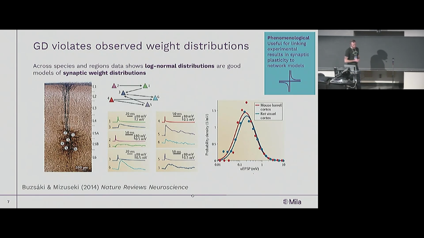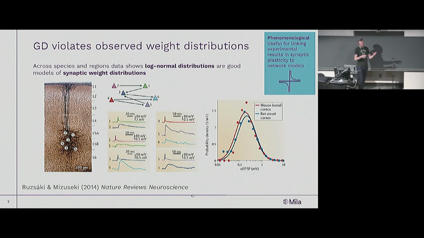Now, it also violates a phenomenological observation that people have made. So when people examine experimentally the distribution of synaptic weights in the brain, so here, this is an illustration from a review. So let's say you do a very simple experiment. Well, no, sorry. The experiment's not simple. It's conceptually simple, but not technically easy to do. But let's say you do this conceptually simple experiment.